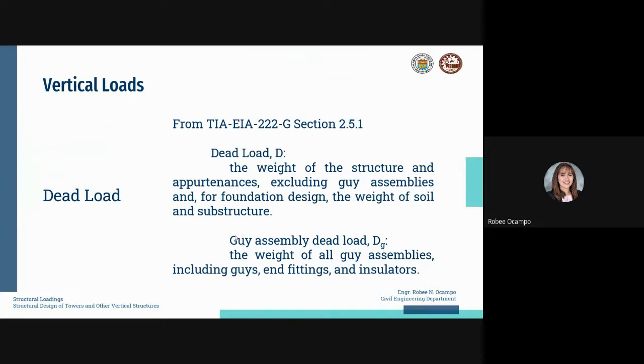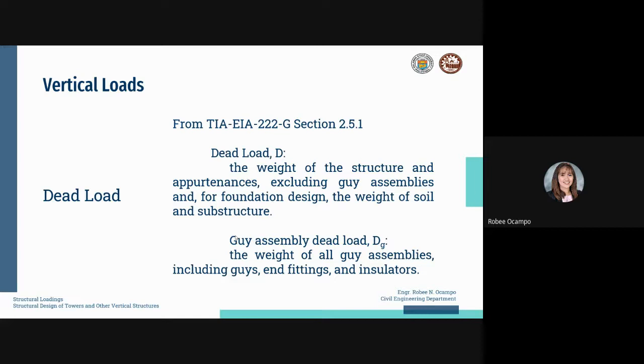According to this code, the dead load is the weight of the structure and the appurtenances, including the guy assemblies. For foundation design, the weight of the soil and the substructure is also considered dead load.